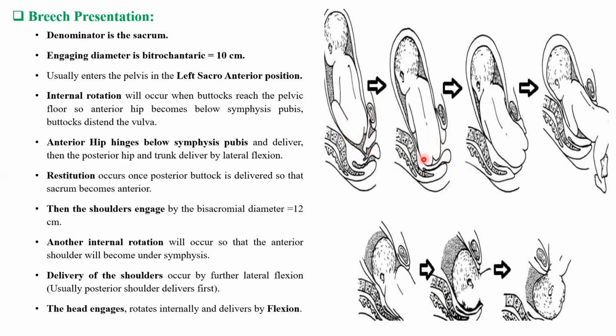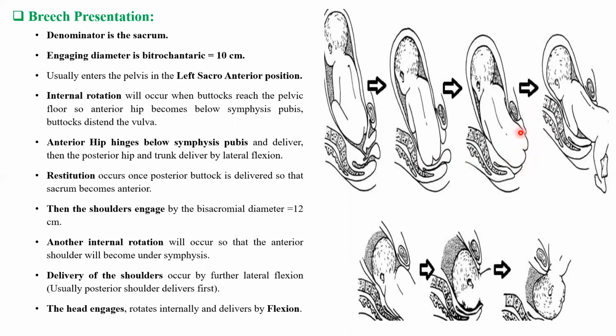Once it reaches the pelvic floor, it will undergo internal rotation. With internal rotation, the buttocks become below the symphysis pubis. The buttocks or the anterior hip becomes below the symphysis pubis, and now it is distending the vulva.